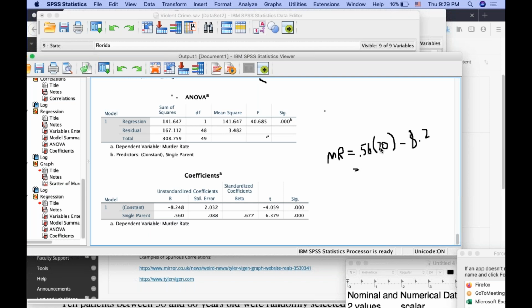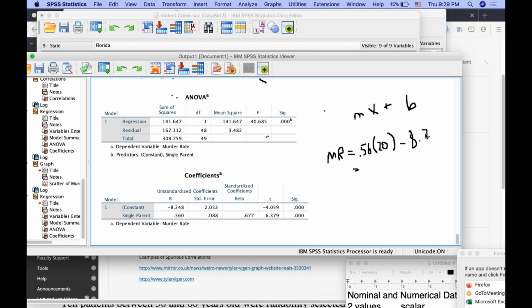What was the B? The B is the Y-intercept. Right, this is MX plus B.